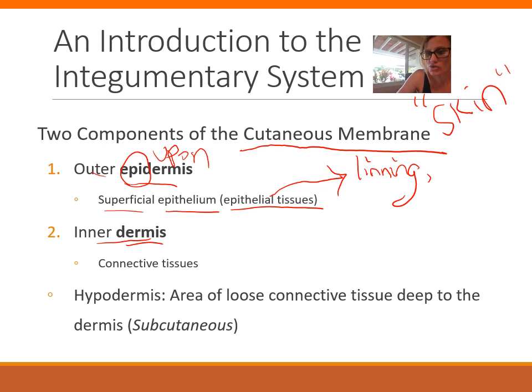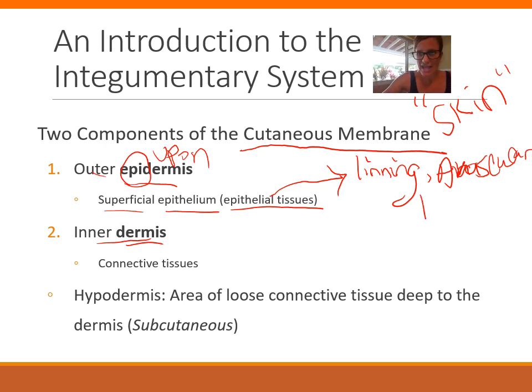It is also what we call avascular. And what does avascular mean? Hopefully you're saying it means no blood vessels. We'll talk about this more in a little bit, but this epidermis, the outer layer of the skin, is avascular. There are no blood vessels present in it.